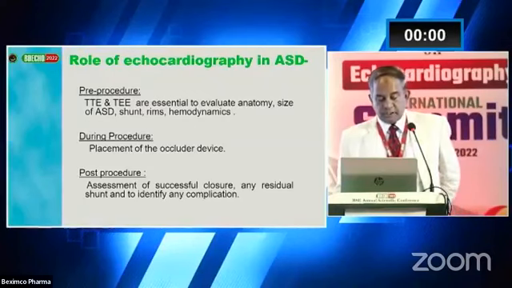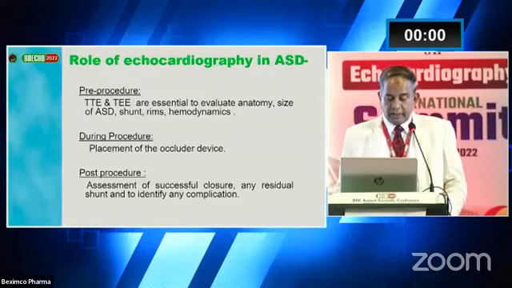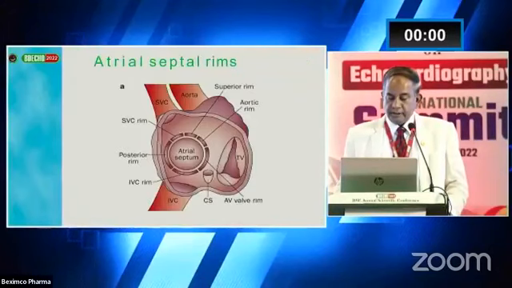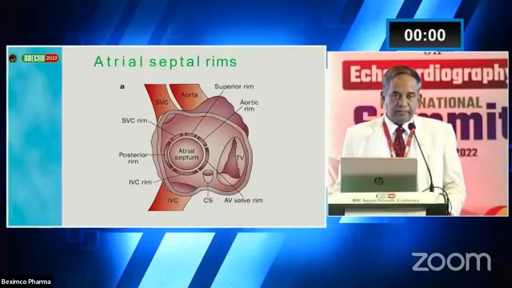During the procedure, we check placement of the occluder device and assess successful closure. If there is any residual shunt, we can easily detect it with echocardiography. Before the procedure, especially, we have to see that the rim is adequate for the closure.